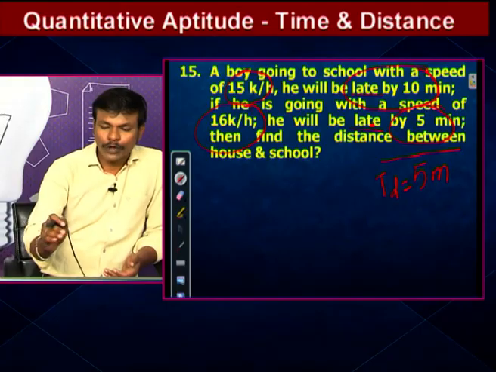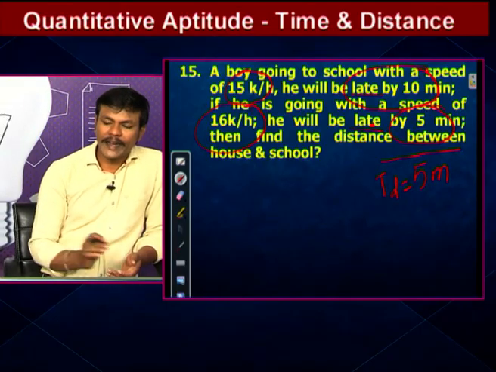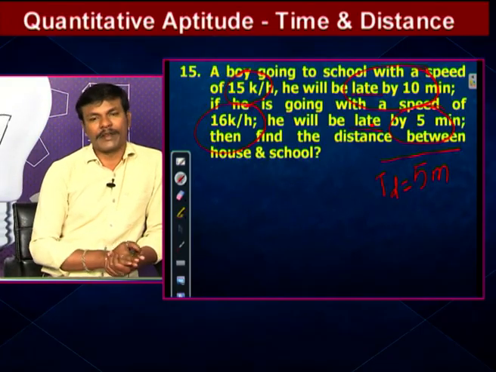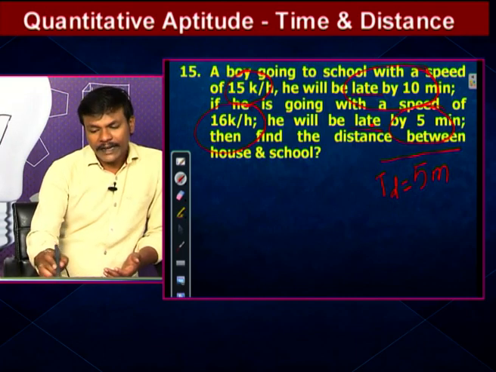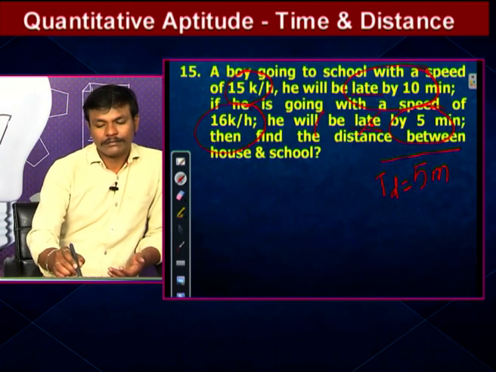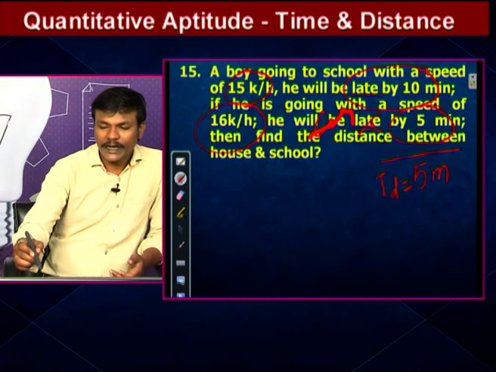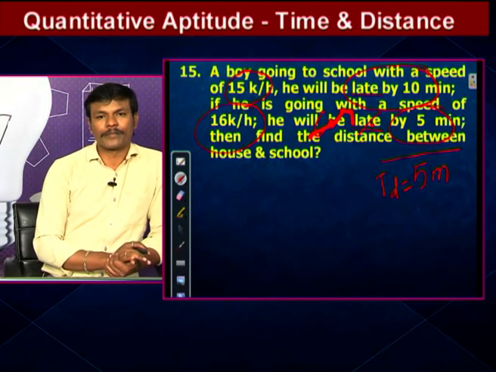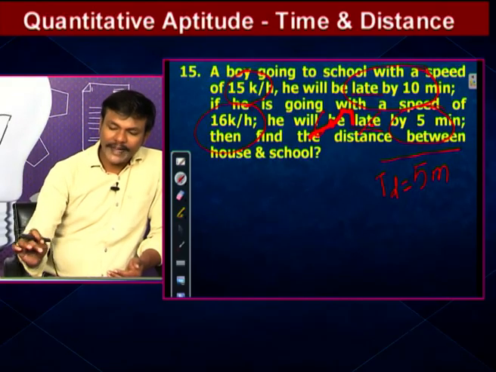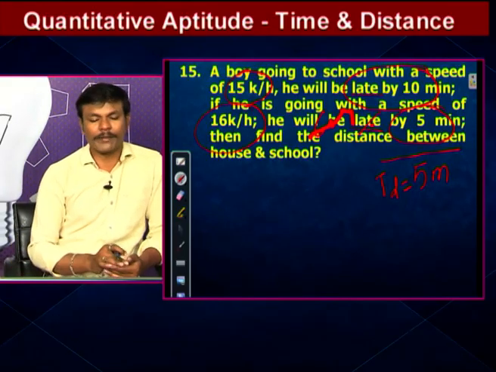Both are late, so the difference of 10 to 5 is 5 minutes. If it was early, the difference of time is 10 plus 5, 15 minutes. But it was both late and late, so the 10 to 5 difference is 5 minutes.